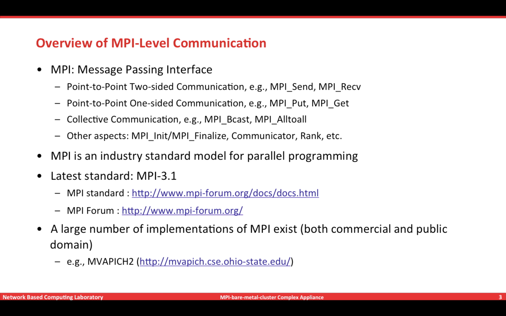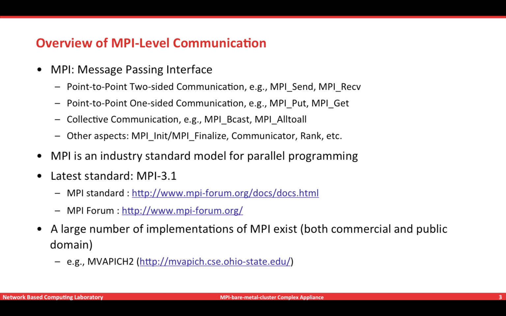You can also do different kinds of collective communications. For example, MPI bcast to broadcast data to all processes, and you can also do MPI alltoall, which means all processes can exchange information to and from other processes.